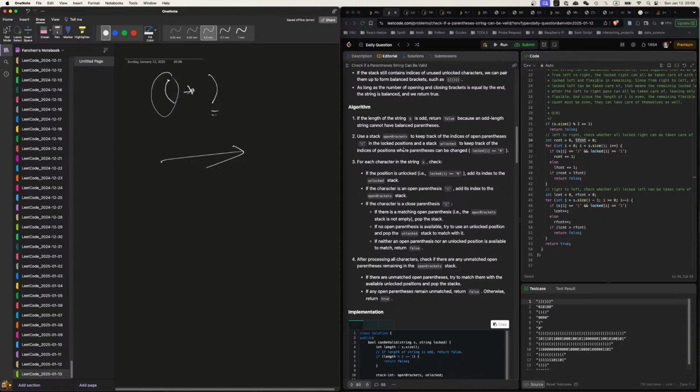And we'll do the same thing from right to left and see if all the locked left can be handled. If that's also good, that just means given any stretch, we have enough left and flexible to handle the right, and enough right and flexible to handle the left. So they will always be in balance. And since they will always be in balance, then we can always find a way to figure it out.